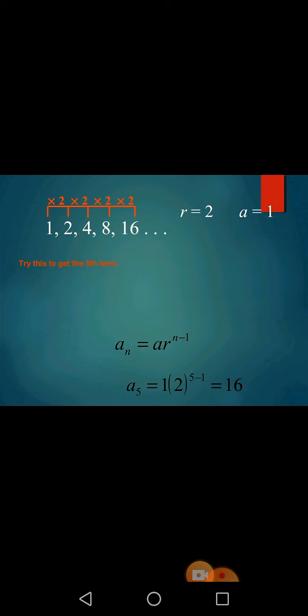He wants the fifth term, so A₅ equals, the first term is 1, times r, the ratio is 2, to the power 5 minus 1 equals 4, so the answer here will be 16.